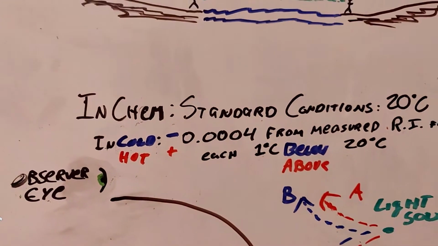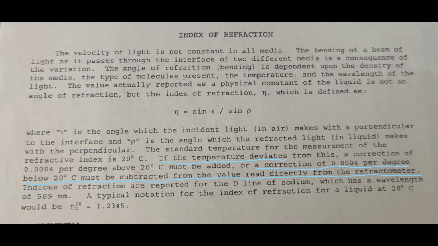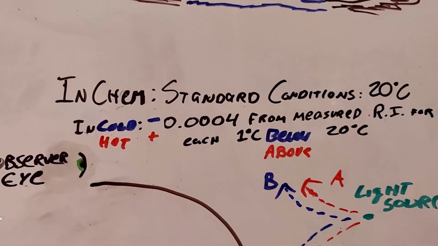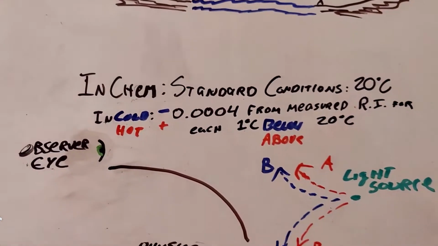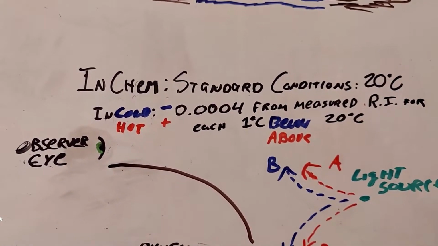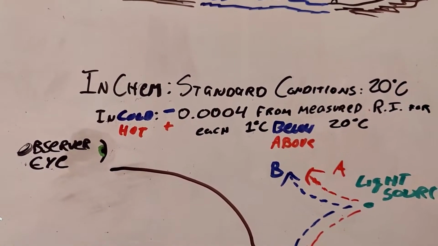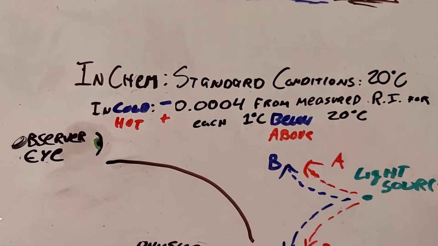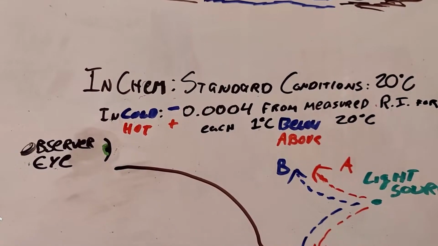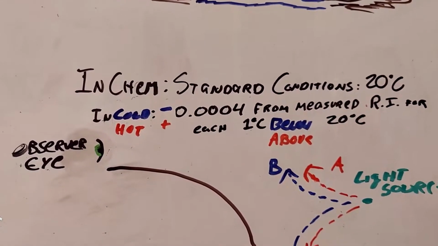So in chemistry, at least, when we are doing refractive measurements in the lab, there's something called standard conditions, which is 20 degrees centigrade, and that is the temperature at which the refractive indexes are measured.